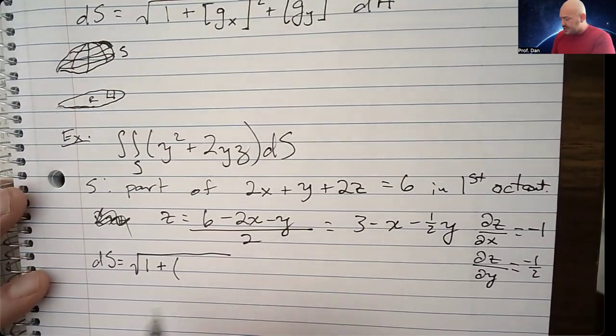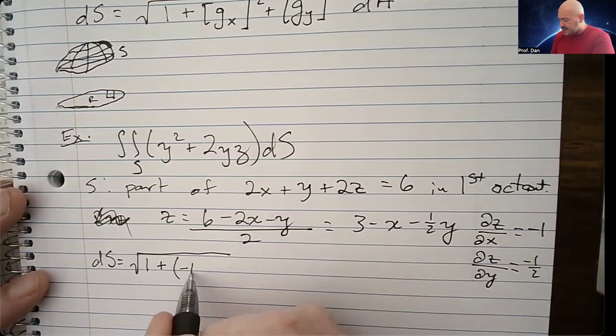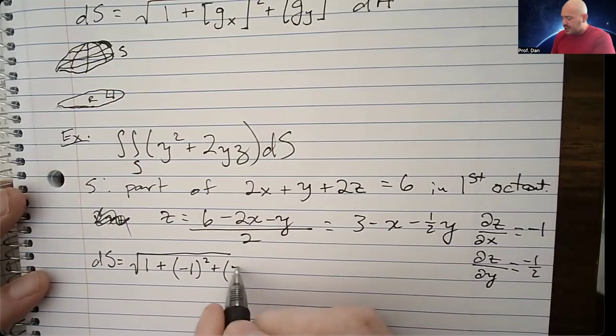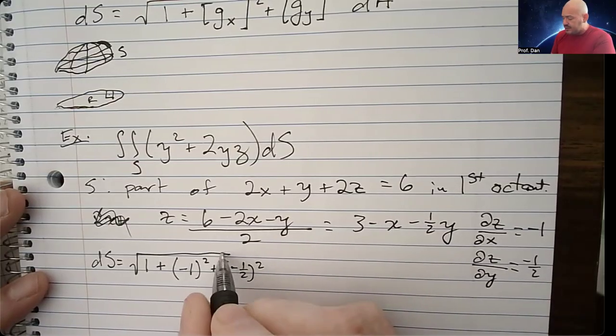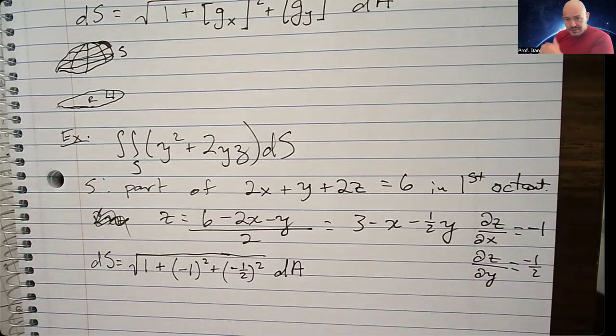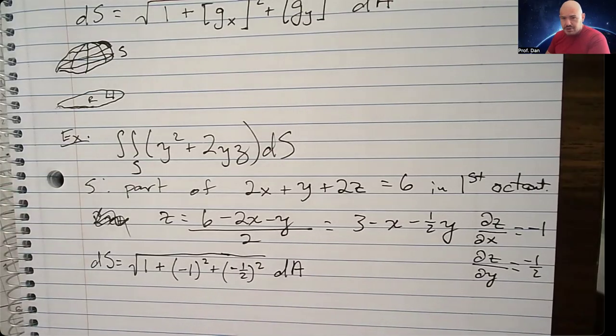So 1 plus partial with respect to x squared plus partial with respect to y squared dA. Right, and I'm still sticking to dA because I don't know what order I want to write the x and the y in yet. I would need to set my bounds for my integral before I can do that.